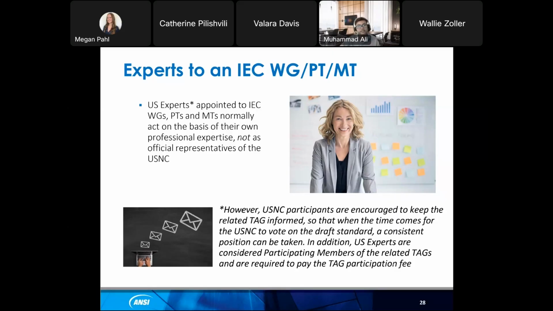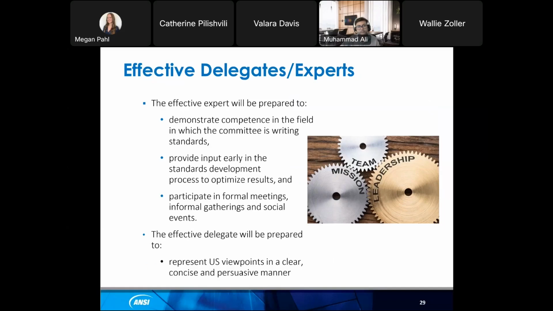So if you move on to the next slide, this is where we're going to touch a little bit upon what you are required to do as an effective delegate or an expert. As an expert, as we were just talking about in these working groups, project teams and maintenance teams, you are appointed to demonstrate competence in the field that the committee is writing the standard on.